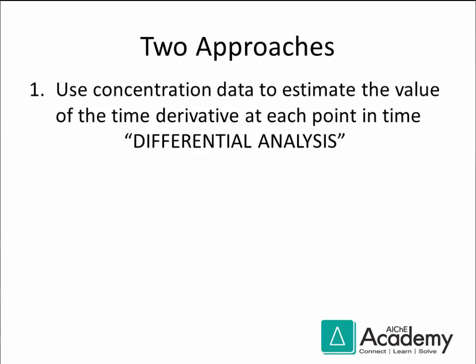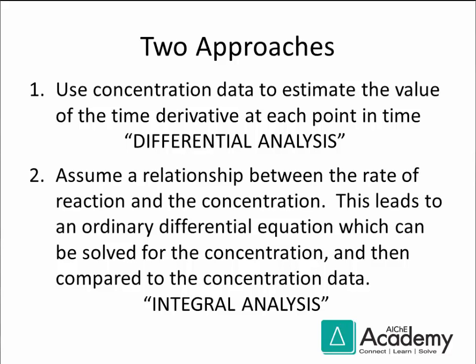The other approach is to assume a relationship between the rate of reaction and the concentration of A, resulting in an ordinary differential equation. If this differential equation is solved, it provides a prediction of the behavior of the concentration of A over time, which can then be compared to the data. This is referred to as an integral analysis. I will explain methods for differential and integral analysis of isothermal batch data in subsequent videos.